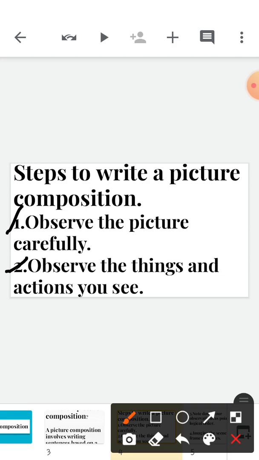Then, observe the things and actions you see. When you are looking at the picture, you have to see the things and the actions in it.